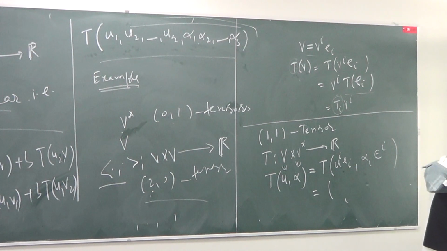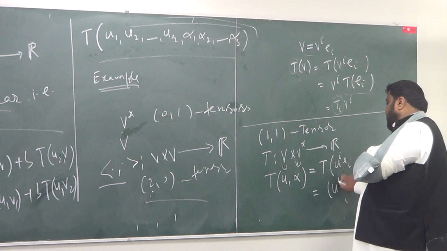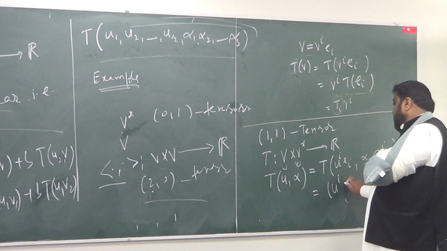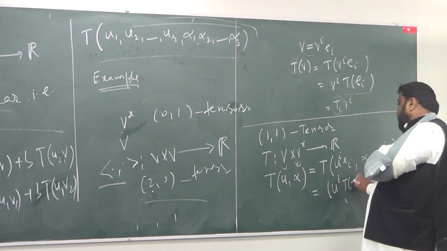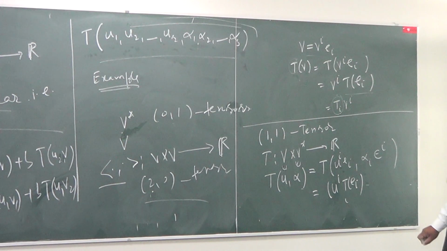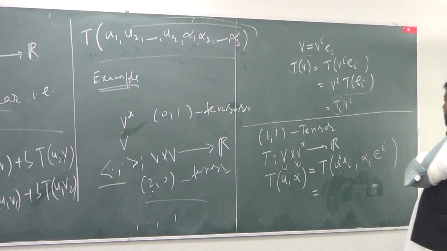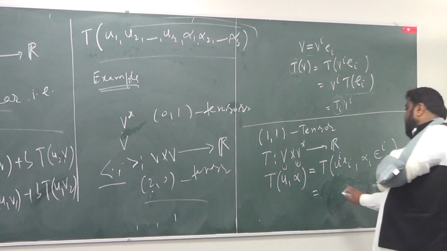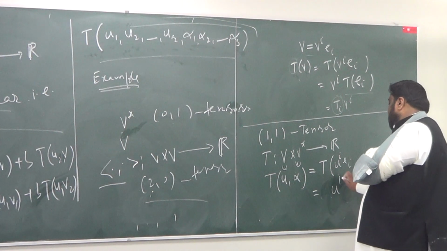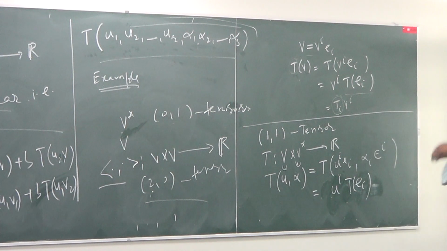The U^i comes outside, and then T of e_i, with the second component alpha going to R, so that's a number. So it's going to be U^i times T times e_i.